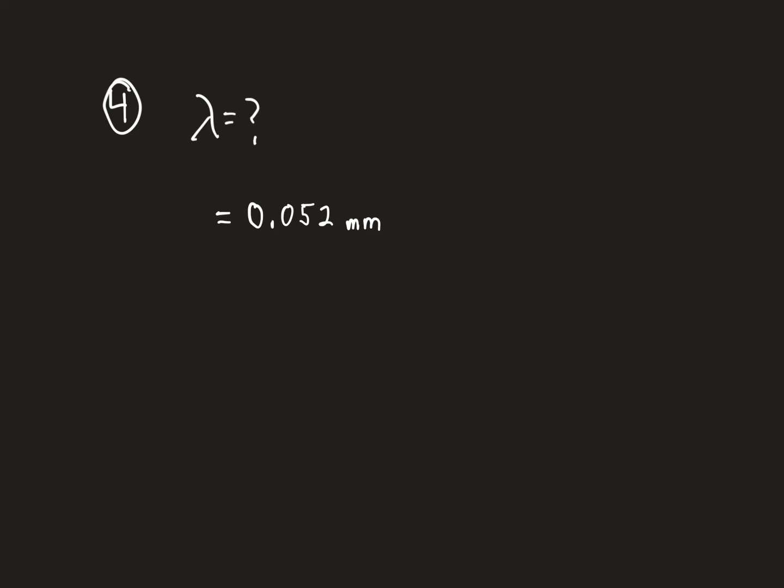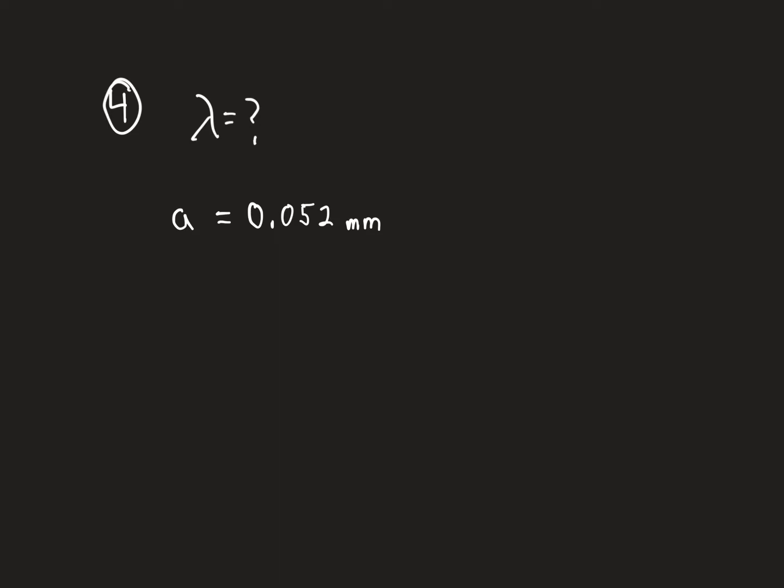Is that a or is it d? d. This is a. Width of a slit is a. Separation of slits is d. They say that it's one slit, so that means that it's going to be a. If there's multiple slits or slit separations, then it's going to be d.